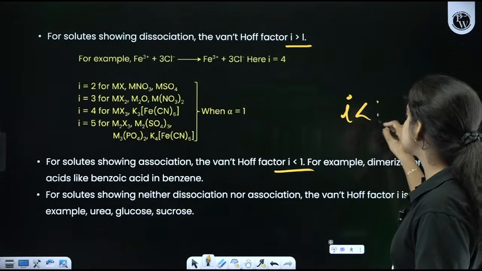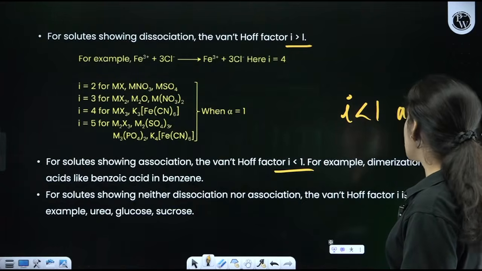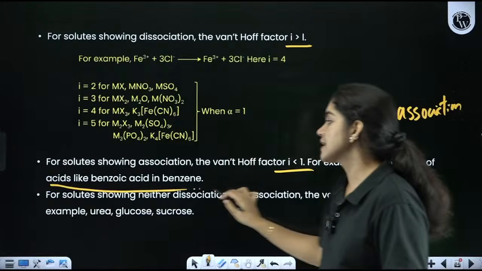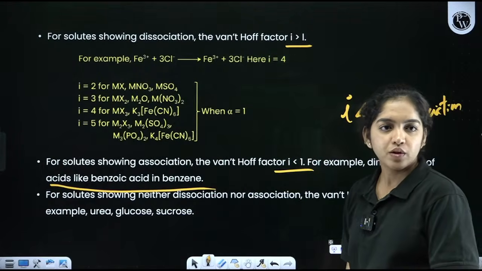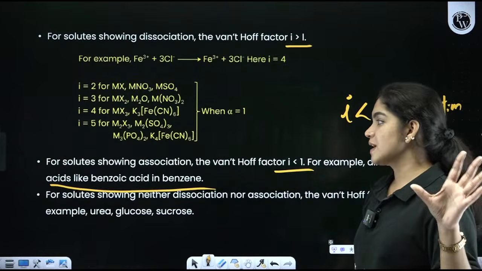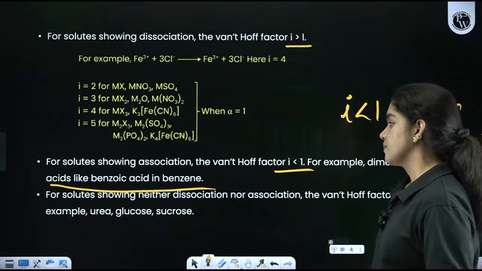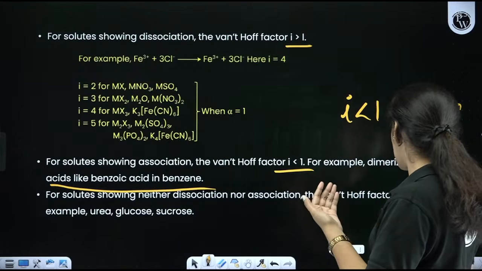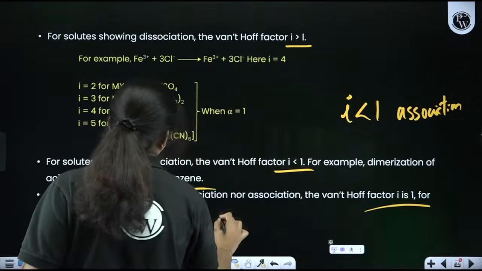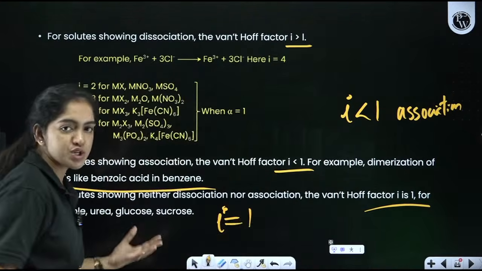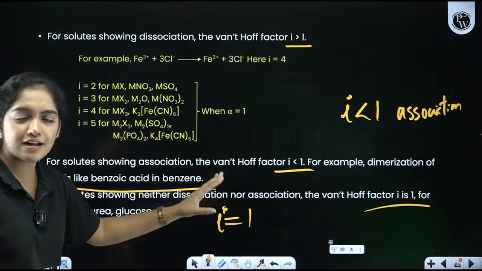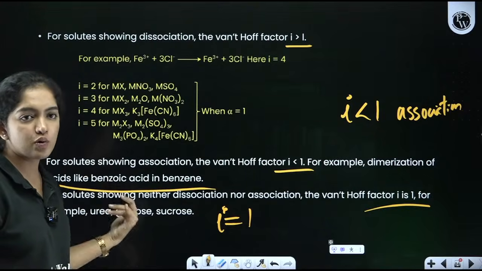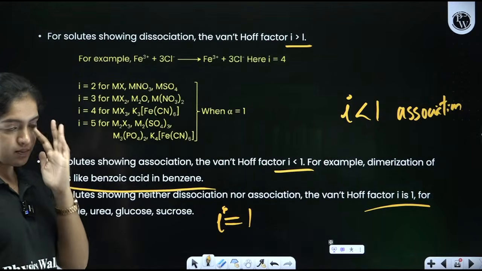If i is less than 1, the solute shows association, for example dimerization of acids like benzoic acid in benzene. If the solute shows neither association nor dissociation, i is equal to 1, for example urea, glucose and sucrose. Okay, clear?